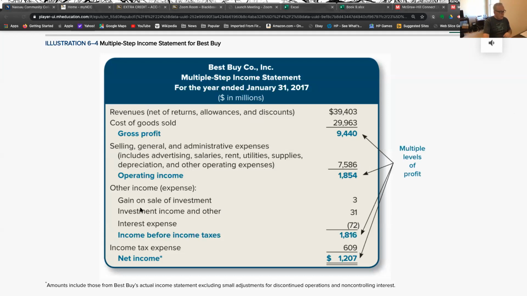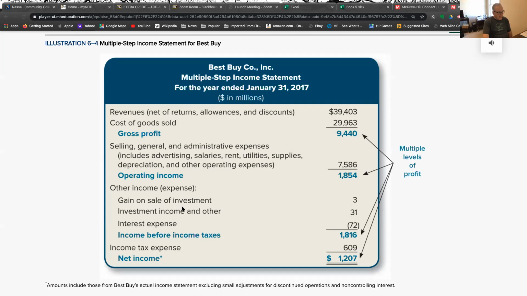So here you see some items. Gain on sale of investment. Let's say they had some extra cash and they bought some stock of a company and they sold that stock and they made a profit of $3. It's actually 3 million, right? See, it's in millions, but it's just easier to work with the smaller numbers.